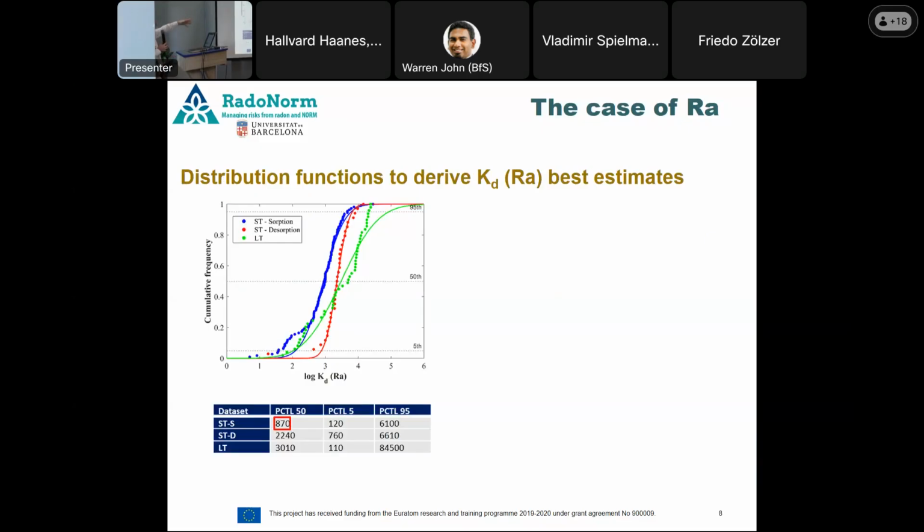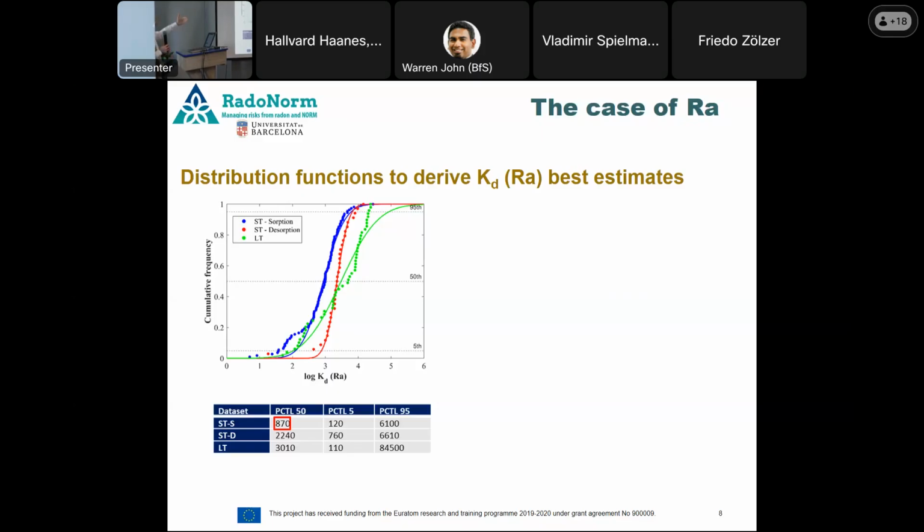The central best estimate value derived from the 50th percentile is much lower, can be around 870, with respect to the KDs of the other two populations. So from that point, no longer do we have to mix up the sorption and desorption KD, we have to distinguish those scenarios to have a better estimation of the KD.